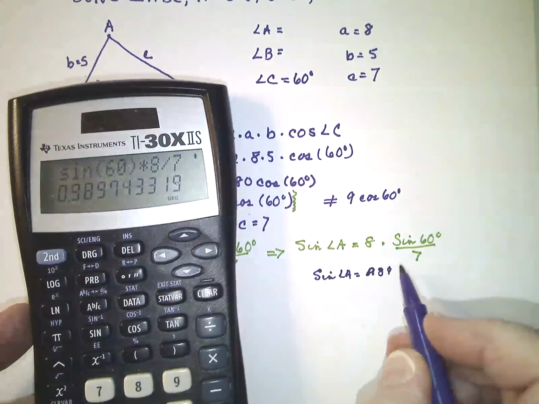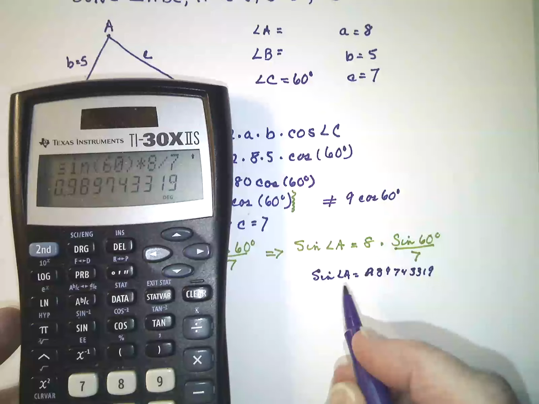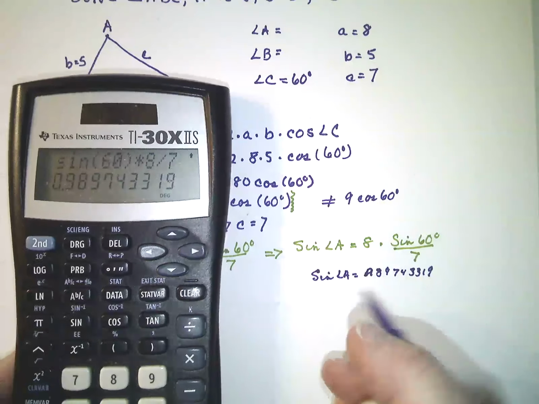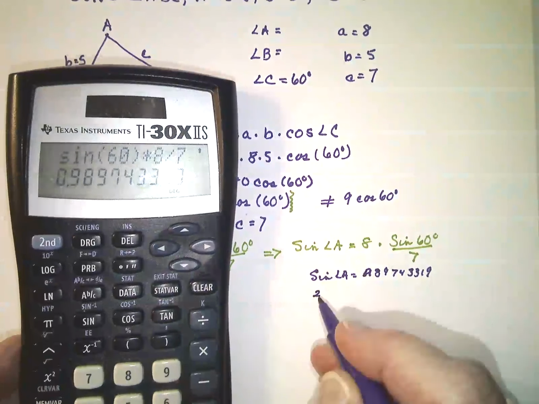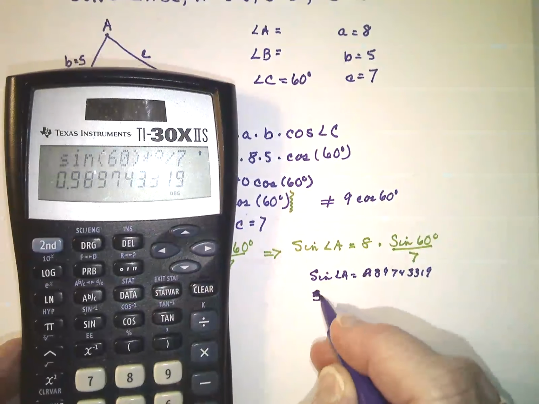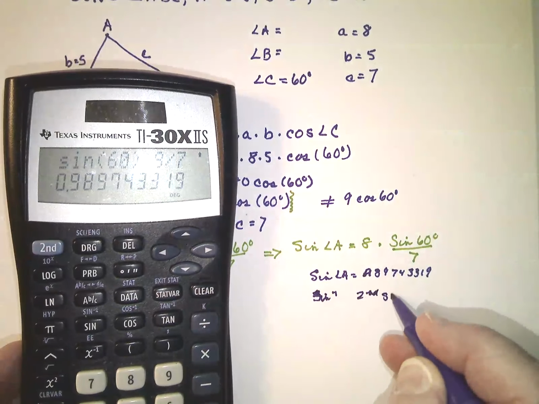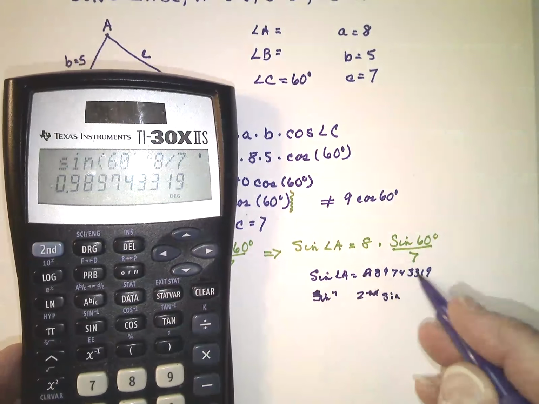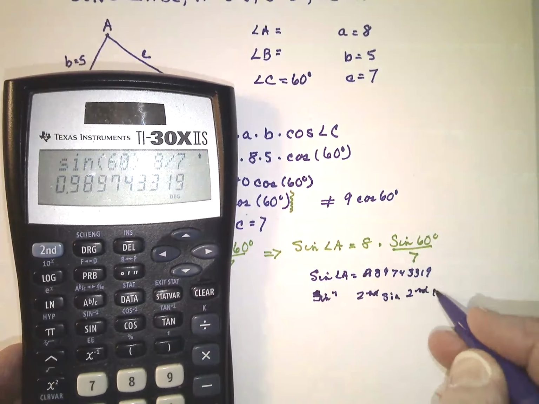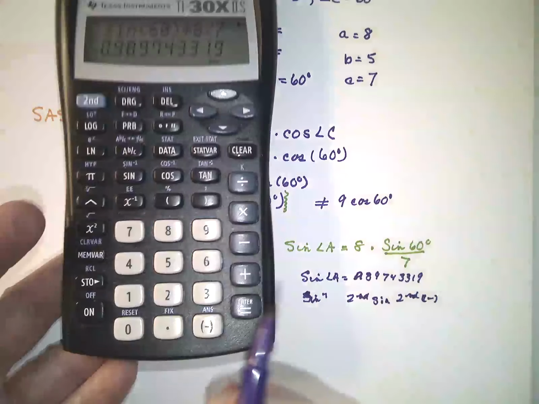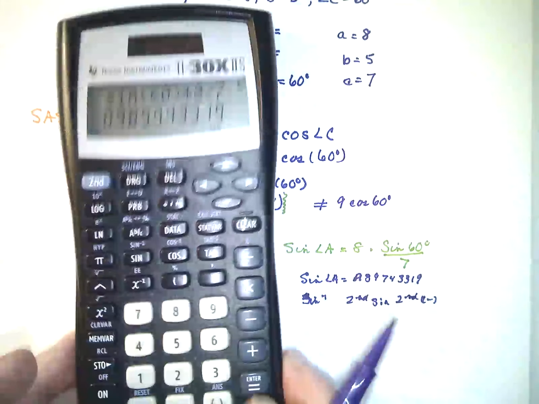We need to find the inverse sine. On these scientific calculators, we can do inverse sine by doing second sine. I'm going to ask it to find the inverse sine of this decimal, so I'm going to type second and the negative key, because over the negative key it says it will do whatever you want to the answer that's on the screen.